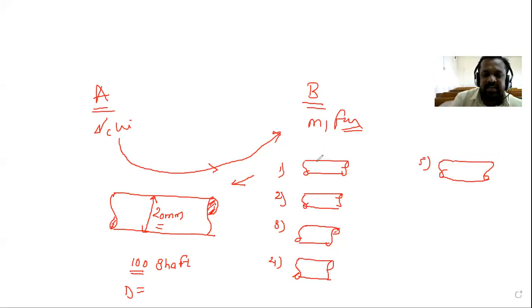Suppose they have checked their dimensions. The diameter of one shaft is exact 20.